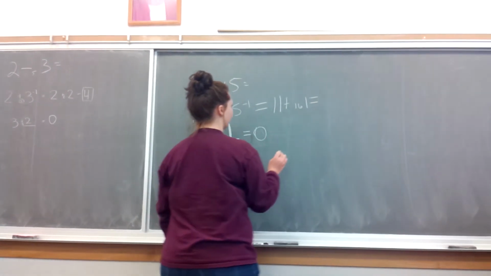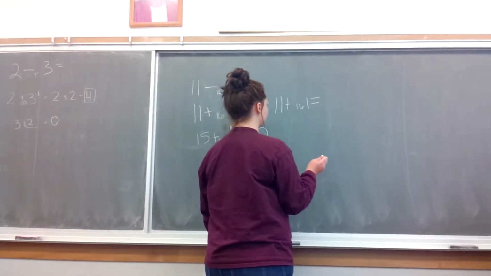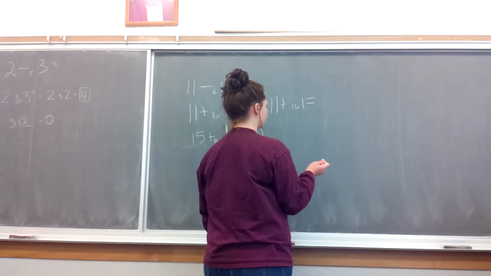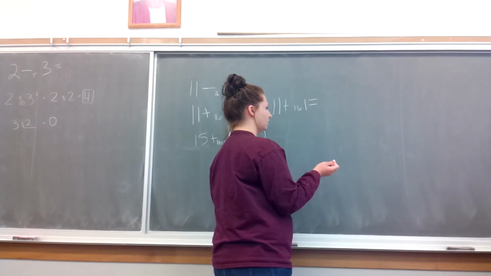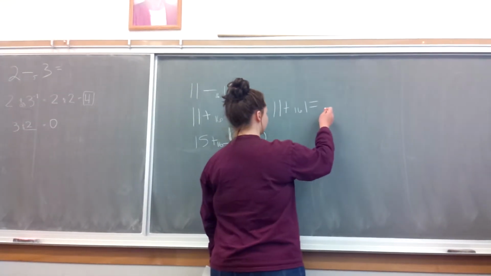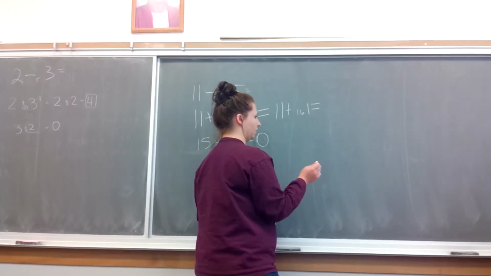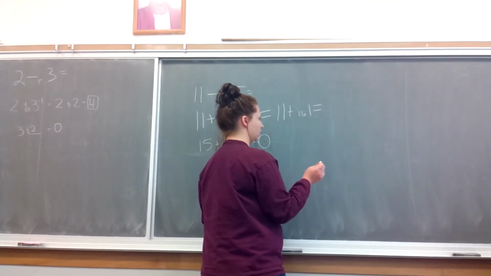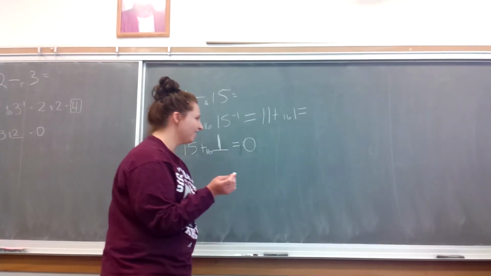Now do that problem. What's the answer? 11 plus 1 is 12. Divide 12 by 16, it goes in how many times? 0 times, with how many left over? We're not taking 12 into 16, we're taking 16 into 12.